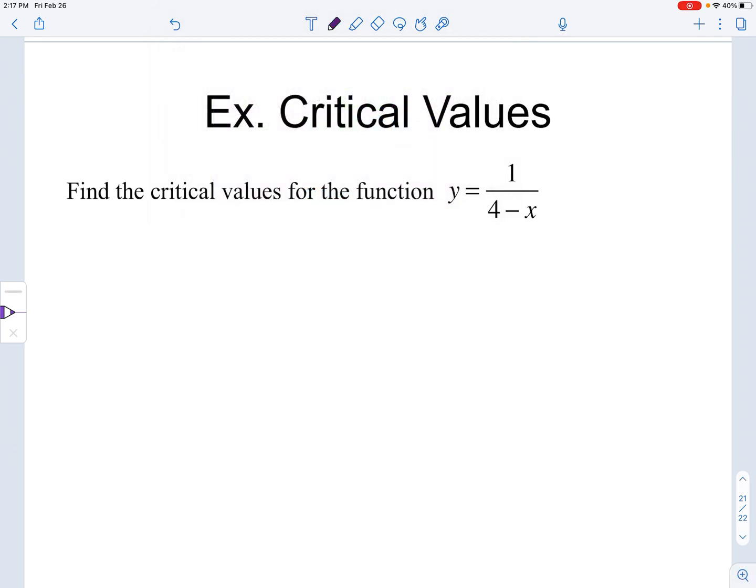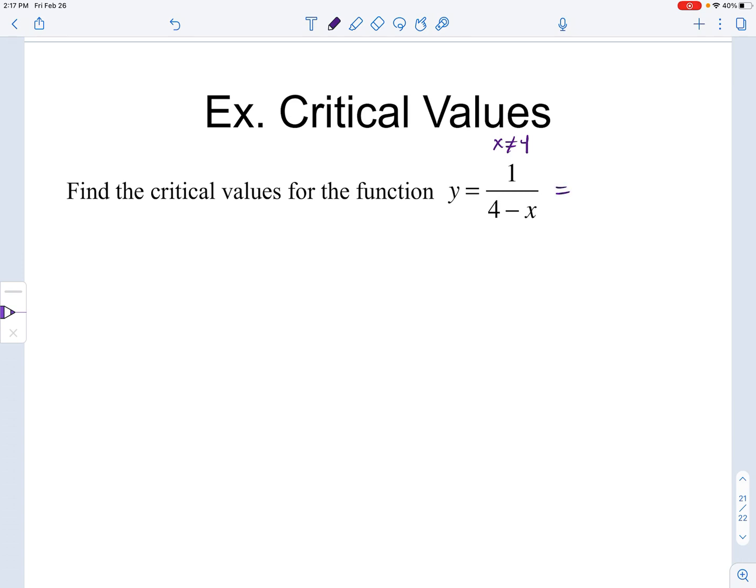Okay, so now we're just looking at identifying critical values for some more complicated equations. So remember, critical values occur where the derivative is equal to 0 or undefined. Now, this function we know, it's a rational function, does have a domain restriction. X can't be equal to 4.